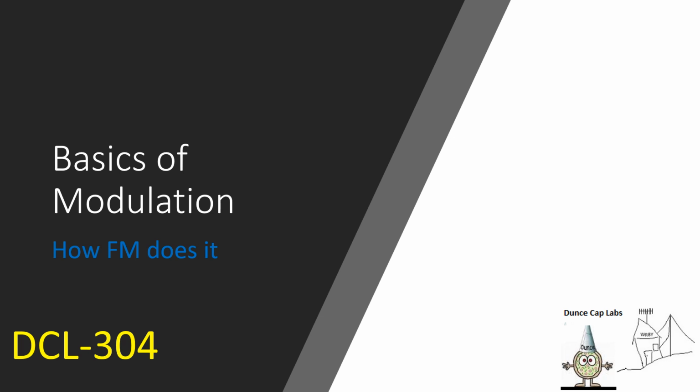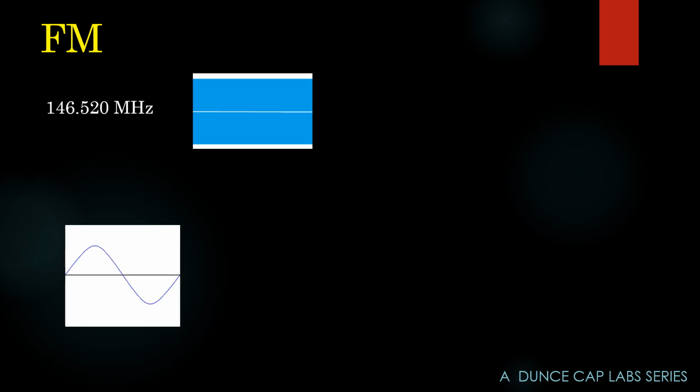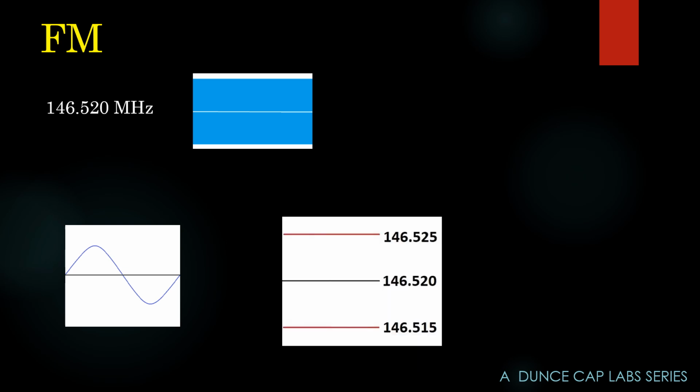So here's how FM does it. Let's start on the 2 meter calling frequency for ham radio. We want to transmit a test tone, a low frequency test tone. First, let's graph the frequency of the carrier. It's actually going to just stay right here, right? Until we modulate it, it just sits here.